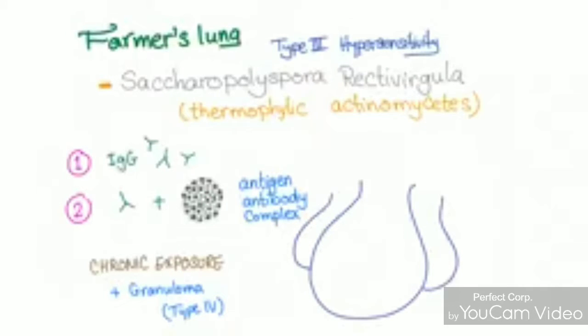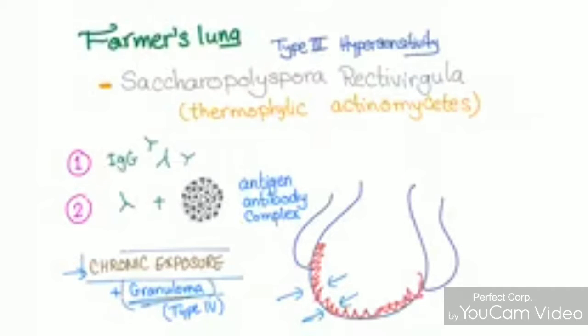This complex will precipitate in the wall of the alveolus, and of course this impedes gas exchange.